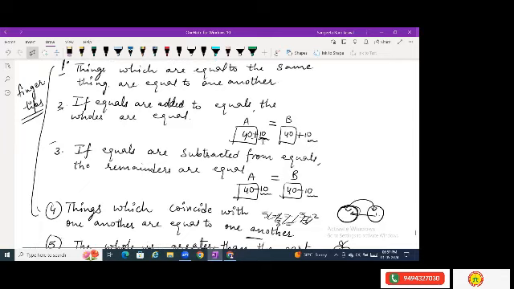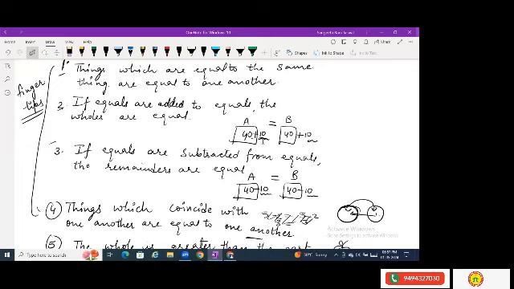If two children's marks are equal, and I give them extra equal marks, then again they will be equal. If I reduce equal marks, again they will be equal. If I double their marks equally, they will again be equal. If I reduce their marks to half, again they will be equal.